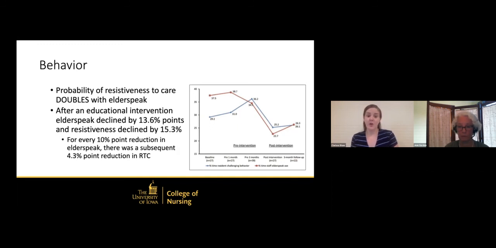Specifically, if you reduce your own elderspeak by 10%, you're likely to reduce a resident's resistiveness by about 4%.